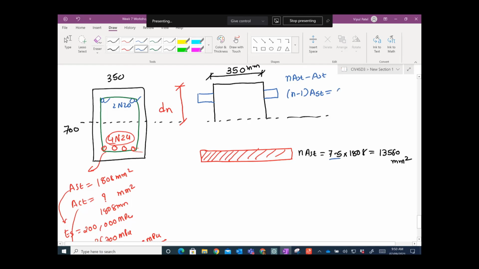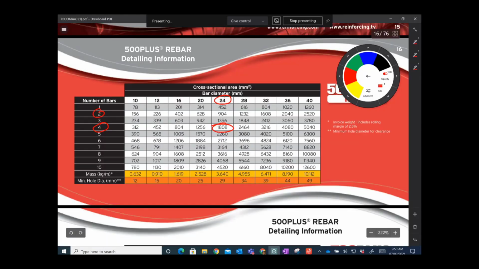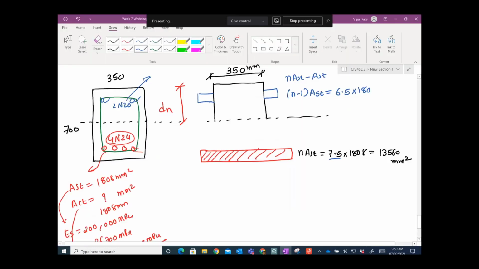So basically this becomes 6.5 times, and here we have a different area, which is 2N20. So let's get that 2N20. 2 and 20, which is 628. 6.5 times 628 equal to, you will get 4082 millimeters square.